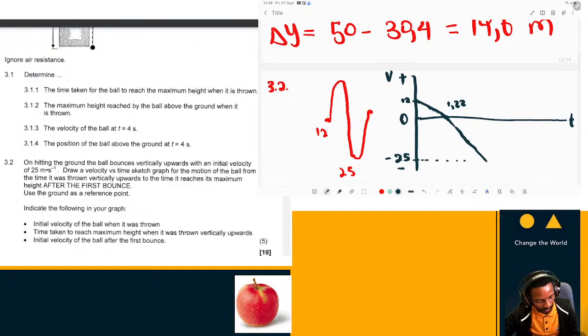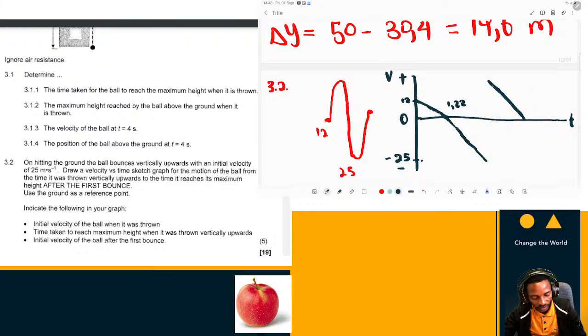So when it bounced, its velocity is going to change again to be positive, because the ball will move upward, with a velocity which is slightly less than 25, because it reached the ground with a velocity of 25.